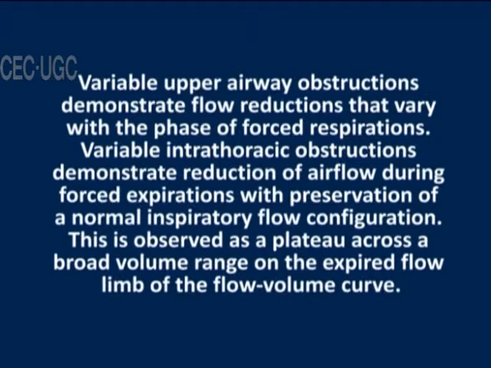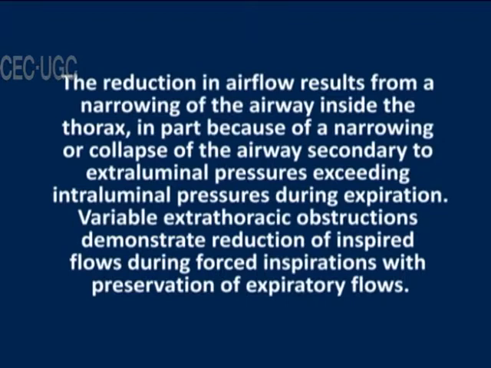This is observed as a plateau across a broad volume range on the expired flow limb of the flow volume curve. The reduction in airflow results from a narrowing of the airway inside the thorax, in part because of a narrowing or collapse of the airway secondary to extraluminal pressures exceeding intraluminal pressures during expiration.